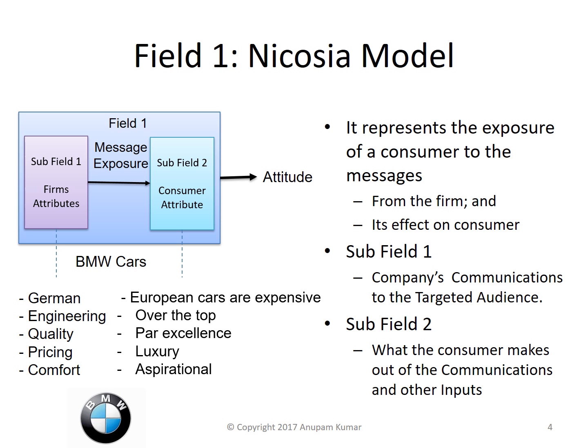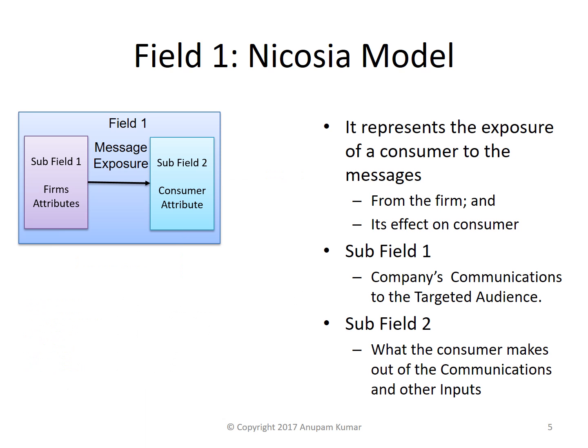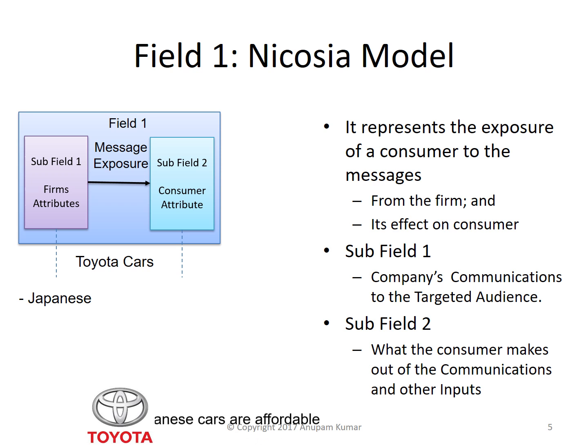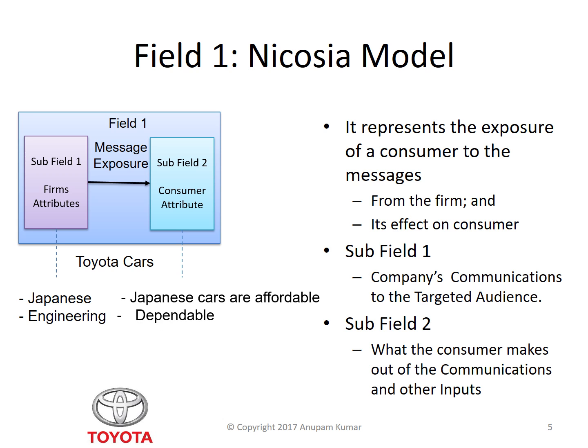Similarly, let us say he is exposed to another car, which could be Toyota. In the case of Toyota, the firm's attribute would be a Japanese car. So Japanese car, as per him, could mean affordability. When it comes to engineering, it could be dependability.